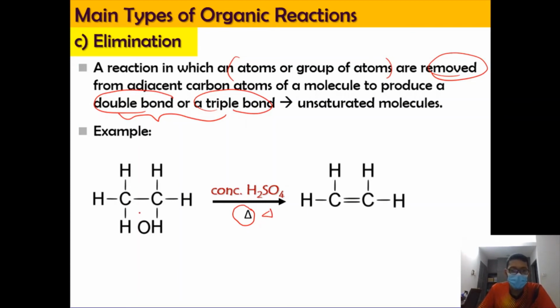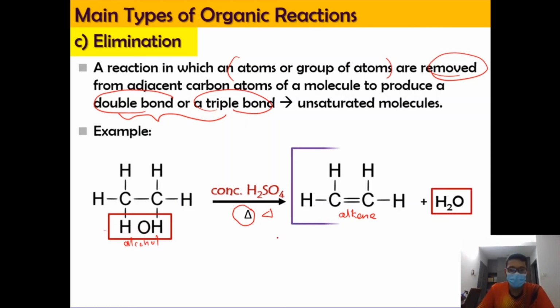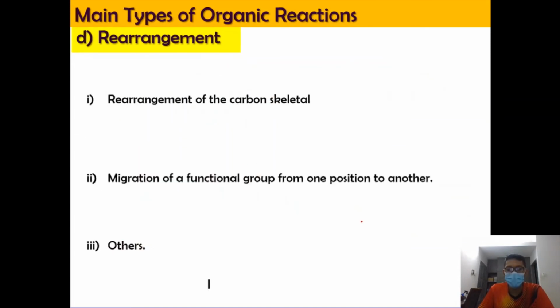You can see that the HOH is being removed from the alcohol in order to form alkene. Okay, the class of compound from alcohol into alkene because HOH, which is water, is being removed. Okay, and this is known as the elimination process. And the alcohol going to produce a new compound, which is alkene.